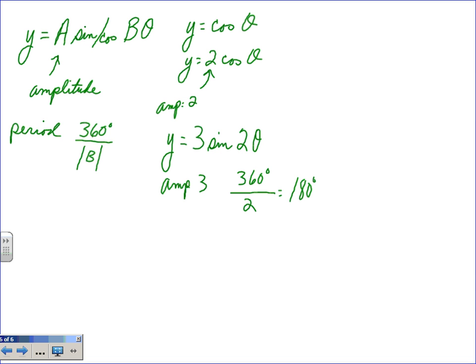All right. And you can see it stretched up to 3, and it repeats every 180 degrees now, instead of 360. By the way, if you're in radians, the period would be 2 pi over b. Okay? Amplitude and period.